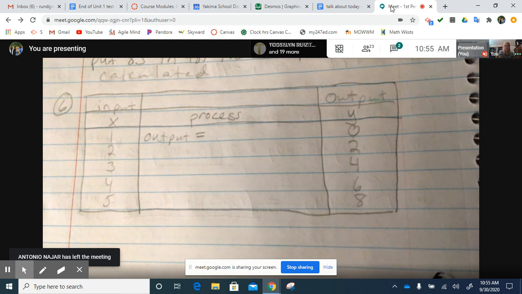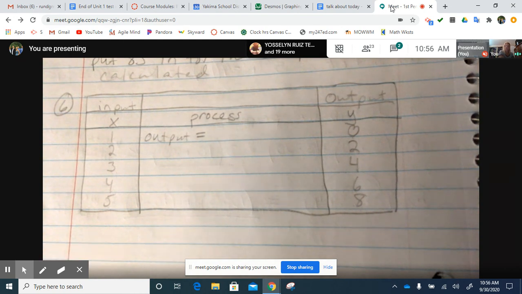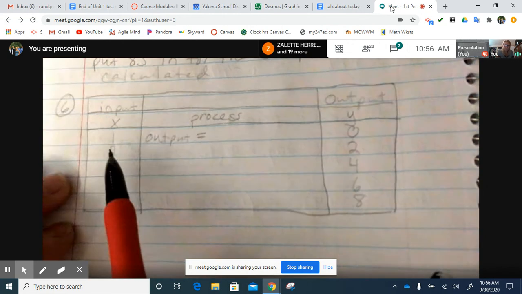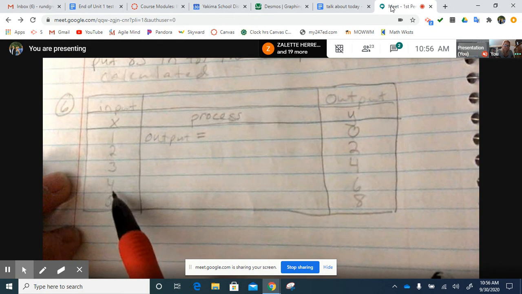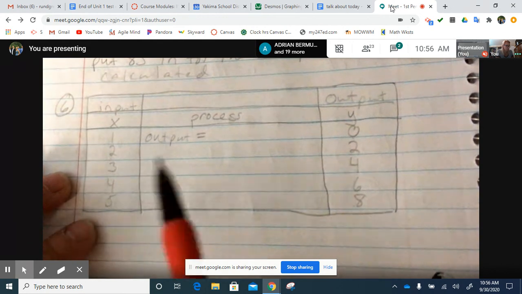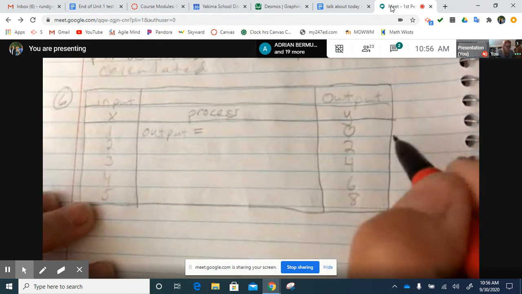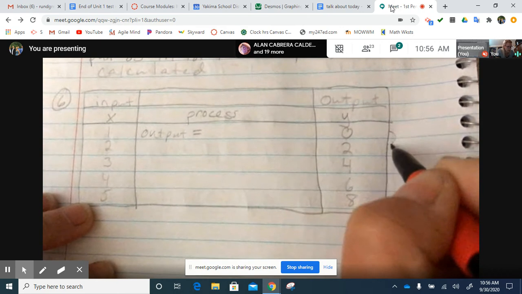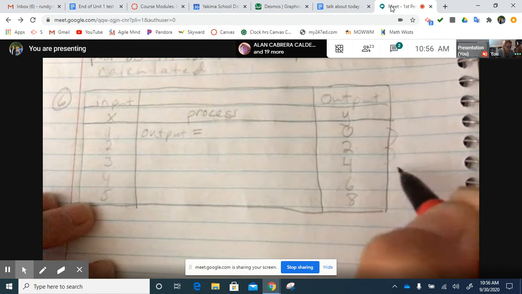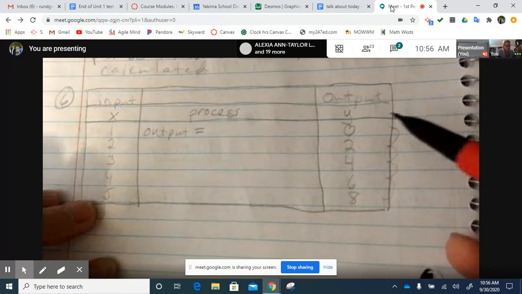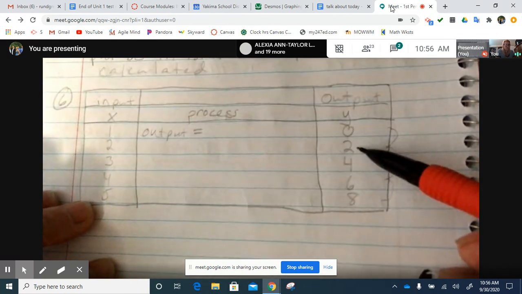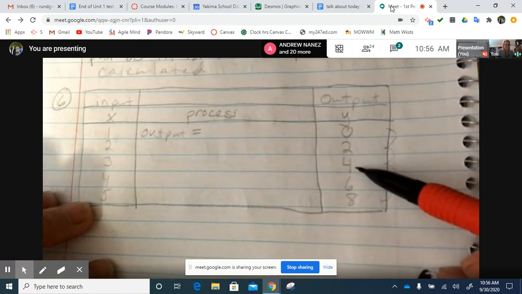And I'm going to give you a little hint. When you're counting up by ones on the input, take a look at the change that's happening here. From 0 to 2, from 2 to 4.